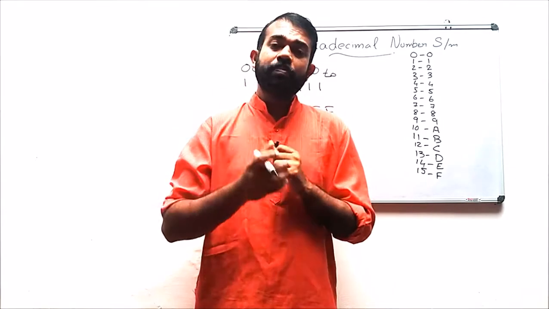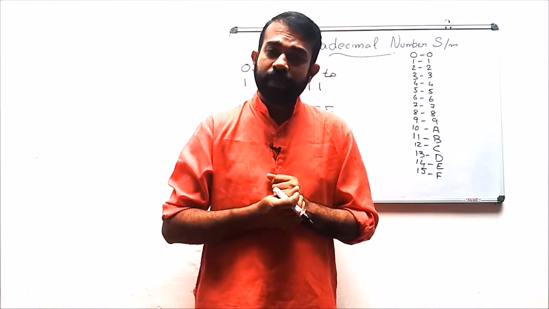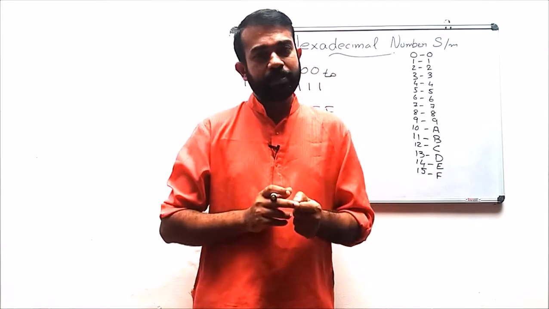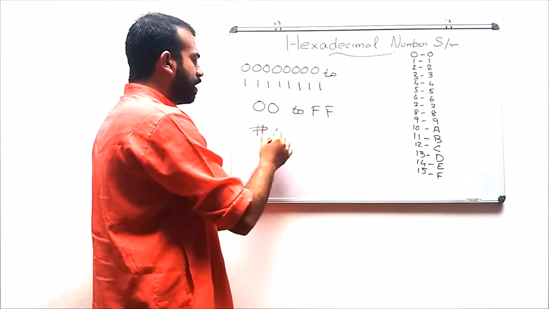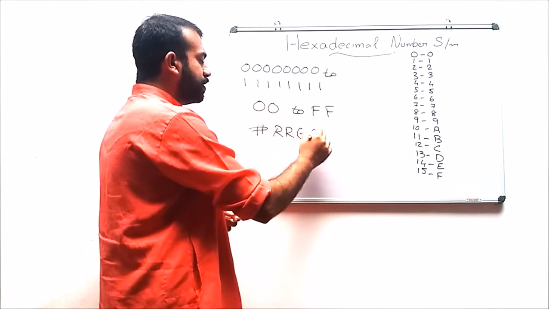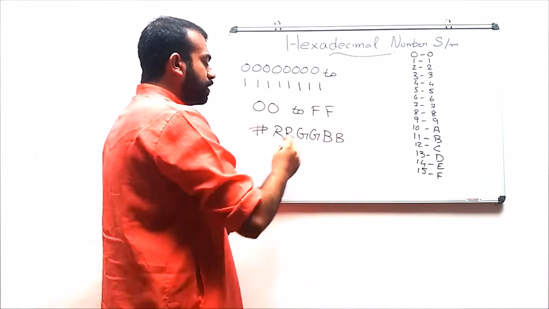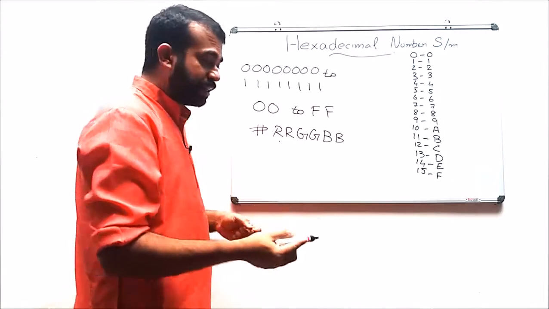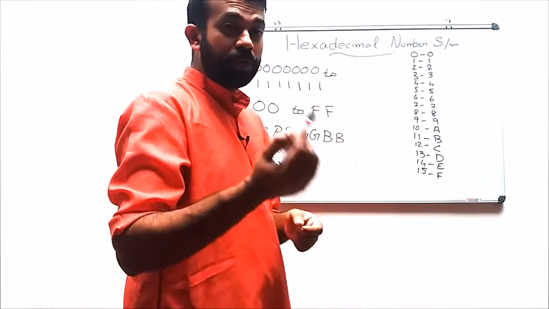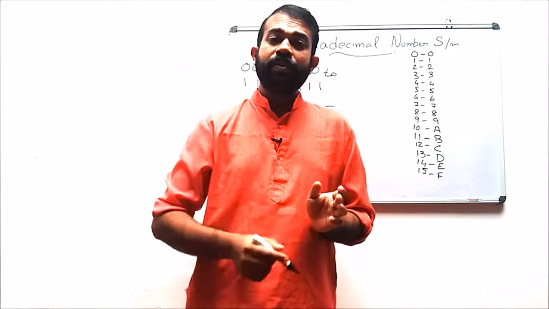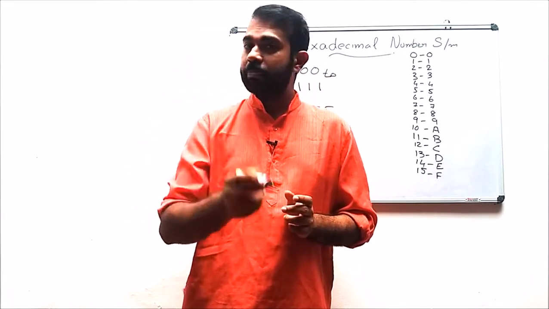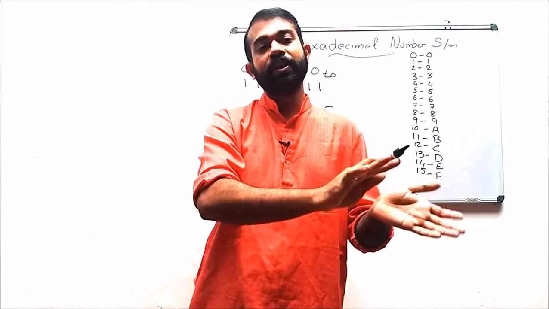These pixel representations are always formulated by using hexadecimal representation. For every pixel we can see a representation, hash RRGGBB, where R stands for red, G for green and B for blue. These primary colors are always represented in a digital device by using hexadecimal representation.